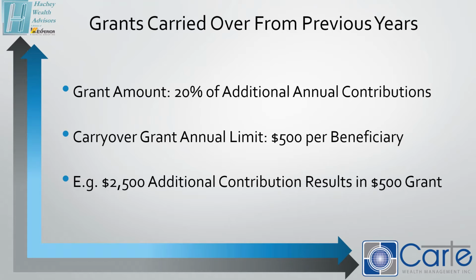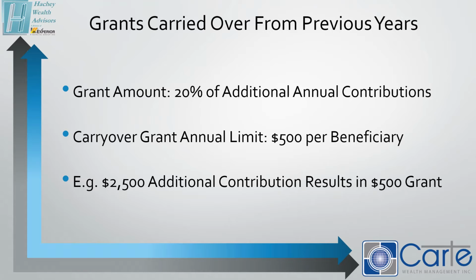So again, let's say you had $500 available of a previous year's grant. Then you could get the government to give you that $500 by making $5,000 of contribution into your RESP this year.